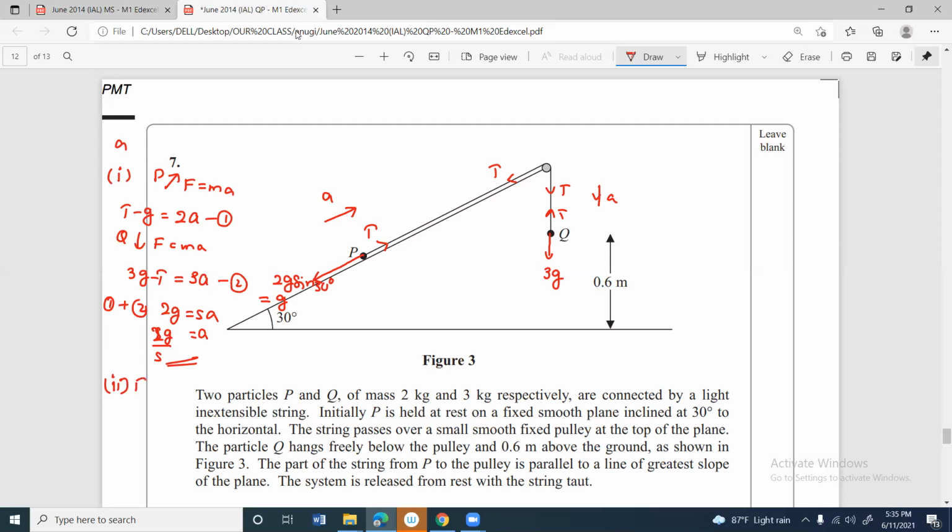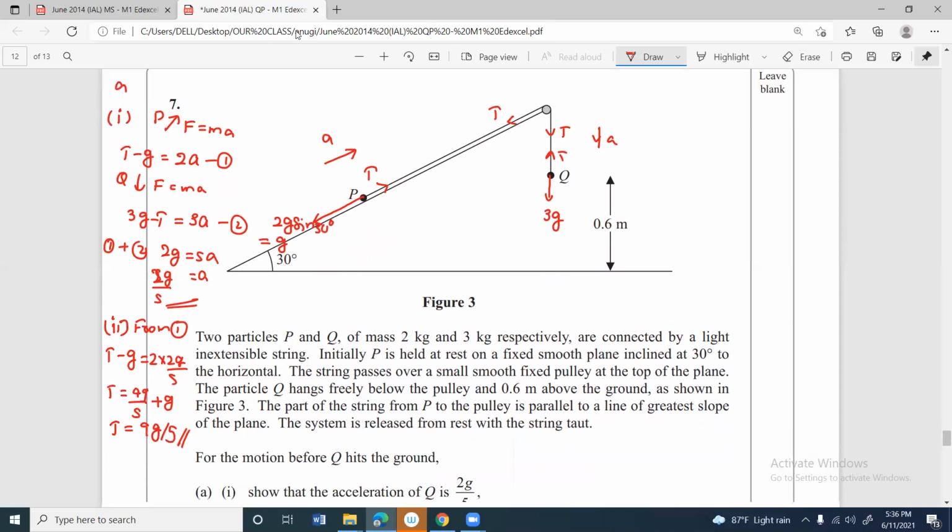From 1, T minus g equals 2 times a, which is 2 times 2g over 5. Therefore, T equals 4g over 5 plus g. That is T equals 9g over 5. That is the answer for part A, 1 and 2.